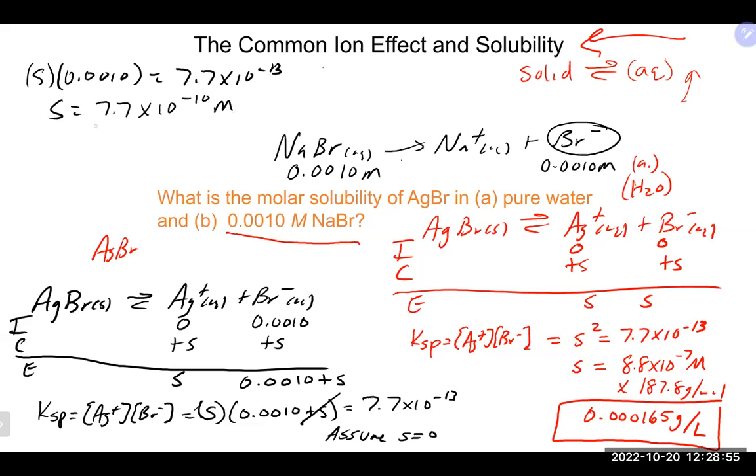And just to keep us on track with the same sort of numbers, if we want the other solubility there, using the molar mass, gets us 0.12345 grams per liter.